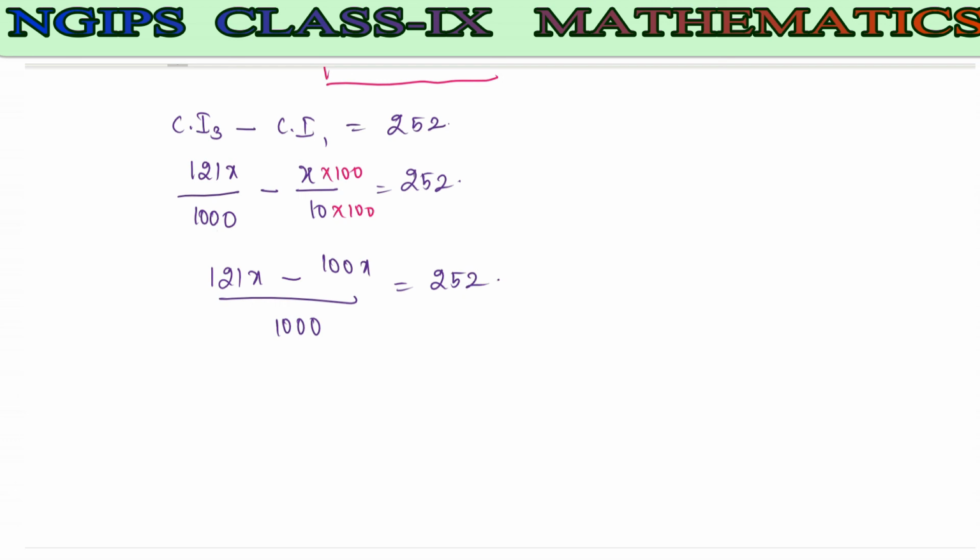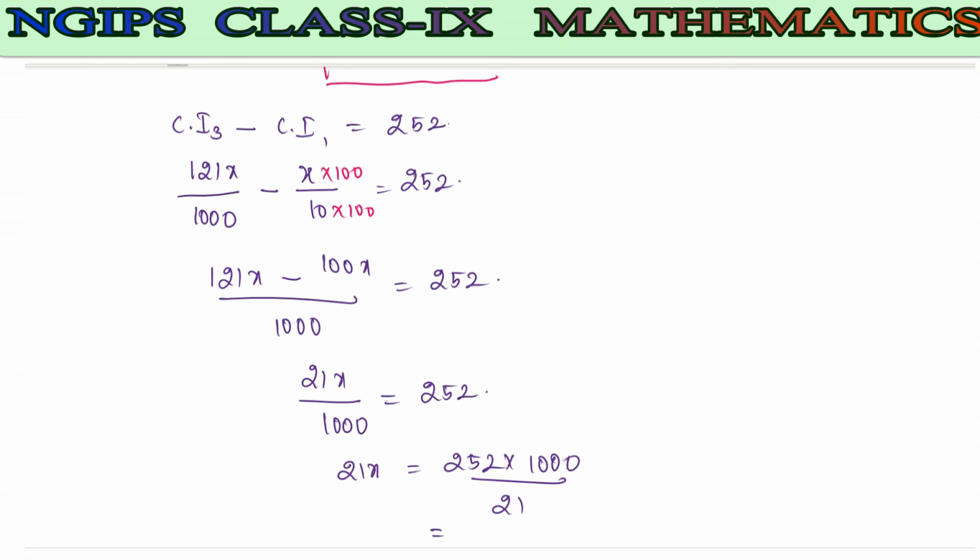Now from 121, if we subtract 100, we get 21x divided by 1000 is equal to 252. Now 21x is equal to 252 into 1000 divided by 21.